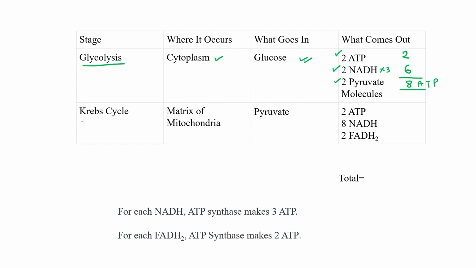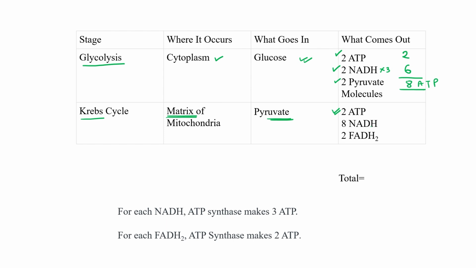Then the Krebs cycle, what is the second stage? Krebs cycle, where does it occur? In the matrix of mitochondria. What kind of molecule enters this pathway or matrix? This is pyruvate, right? So with pyruvate, 2 molecules of ATP. Yes, correct. 8 molecules of NADH, including that link reaction, right? Conversion of pyruvate to acetyl coenzyme A occurs as the first step, and 3 molecules during the Krebs cycle, right?